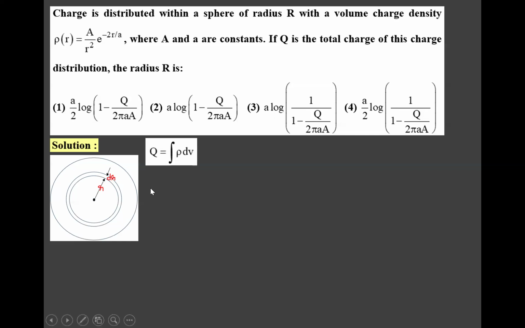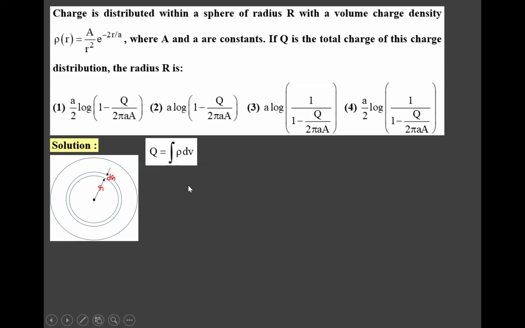अब देखो कि charge residing on this particular thin spherical shell, that is charge density, charge per unit volume, into volume of this particular spherical shell. And then integration of it will give you the total charge residing on the entire sphere.